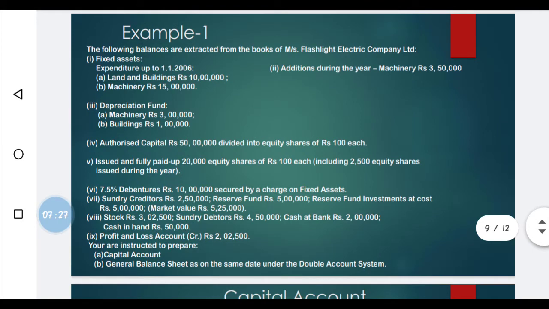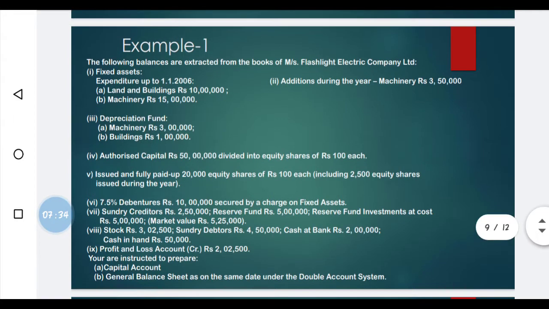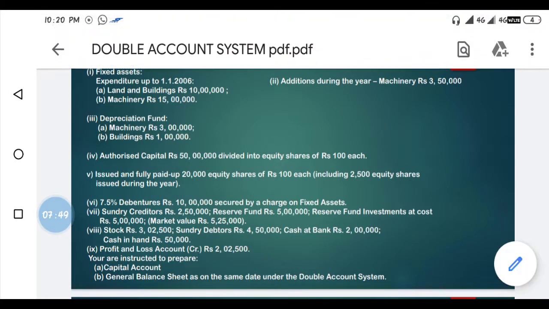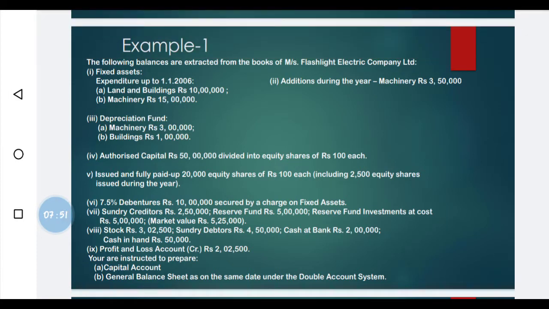The following balances are extracted from the books of Messrs. Flashlight Electric Company Limited. Now fixed assets: see here, expenditure up to 1/1/2006, maybe the previous year. Land and building 10 lakhs, machinery 15 lakhs. The second point is addition during the year, that is, during the current year they have purchased machinery of 3,50,000.